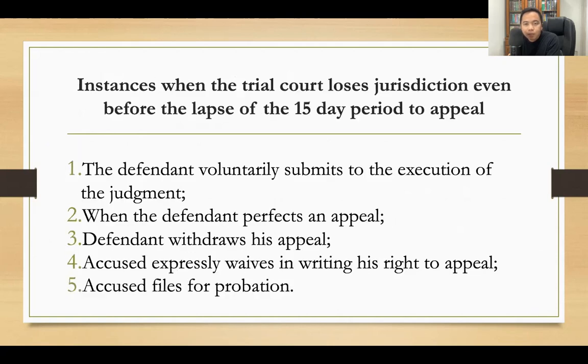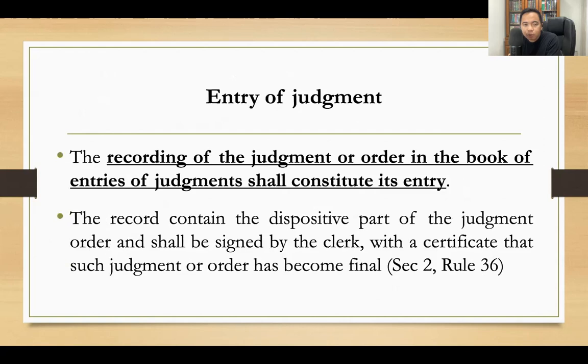Now, what are the instances when the trial court loses jurisdiction even before the lapse of the 15-day period to appeal? When the defendant voluntarily submits to the execution of the judgment, when the defendant perfects an appeal, when the defendant withdraws his appeal, when the accused expressly waives in writing his right to appeal, and when the accused files for probation.